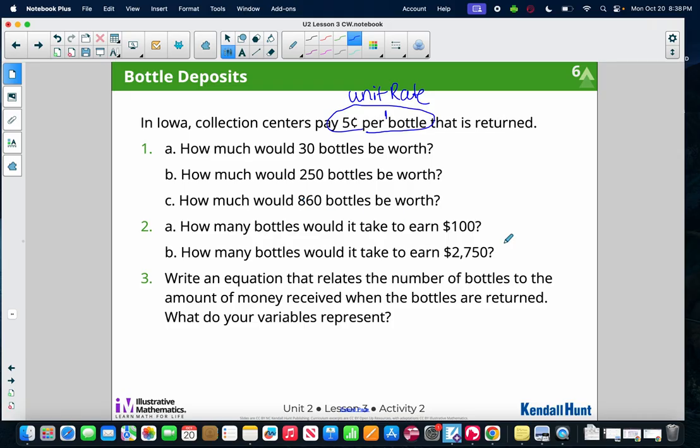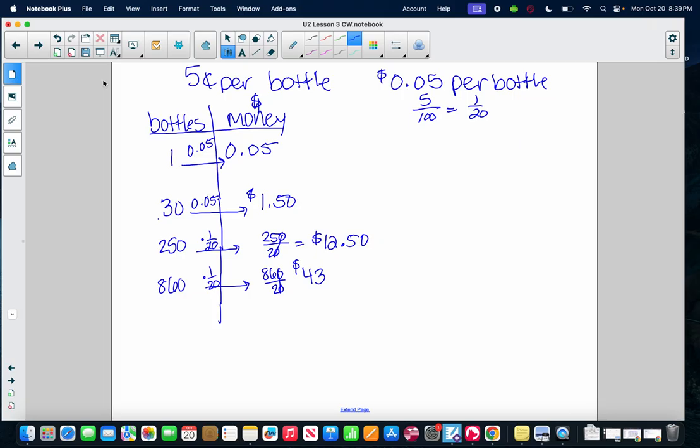How many bottles would it take to earn $100 and $2,750? Well, now we're working backwards, which is where having that 1/20th as a fraction is helpful, because my constant of proportionality going from money to bottles, then I'm going to multiply by 20.